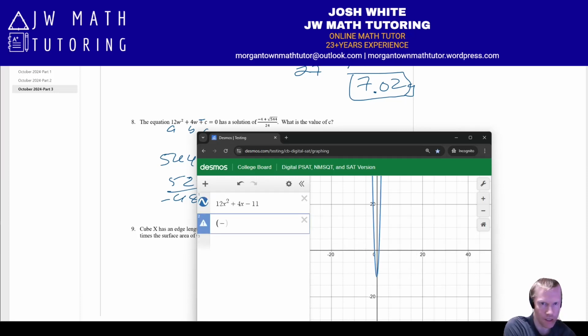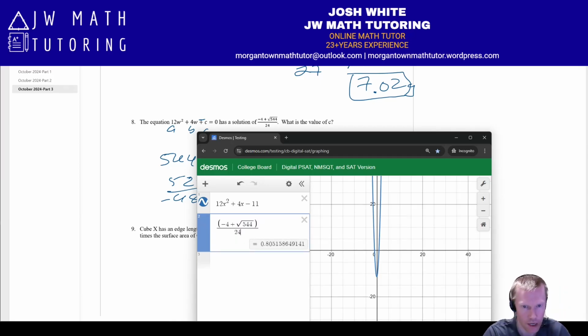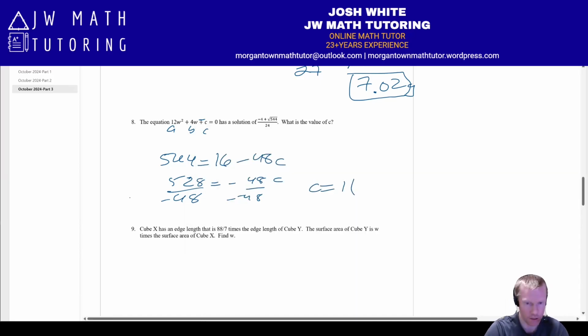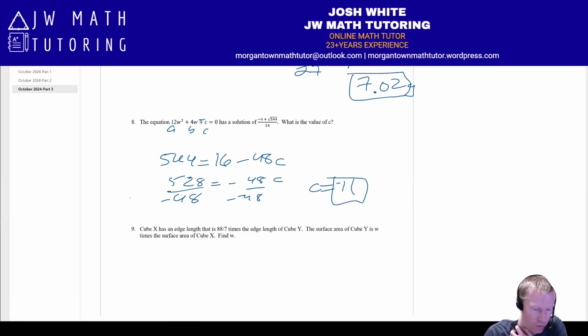So let's see when I type in the solution we're given. Okay, so notice I get 0.8051 and so on. Not that one. Yes, it does correspond to the one on the right, 0.805. So it checks, and it tells me that this should be negative 11 right here, not positive. Negative 11 is the correct value for C.